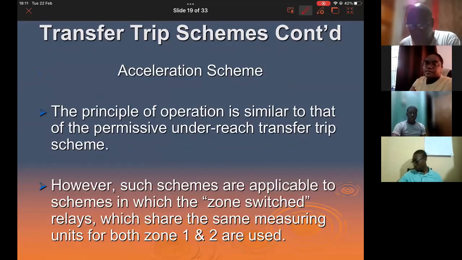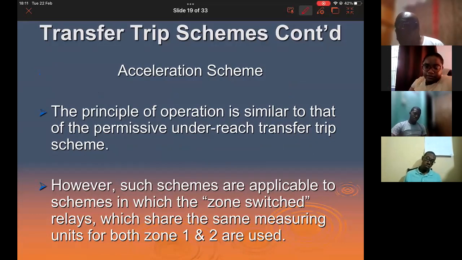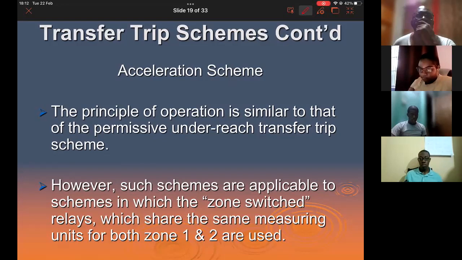All right, so we talk about the acceleration scheme. It's quite similar to the permissive underreach as we are stating here. But for these schemes, the difference is that it utilizes a special type of relay, where zone 1 and 2 are switched on the relay.